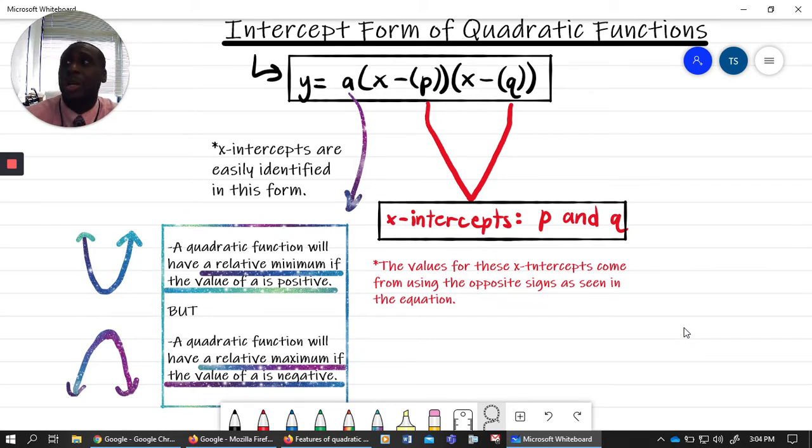I'll also be doing a little more on what we can determine using this intercept form, because we can use the x-intercepts, the P and the Q, to help determine the x value of the vertex. So again, we're going to look at that example here.